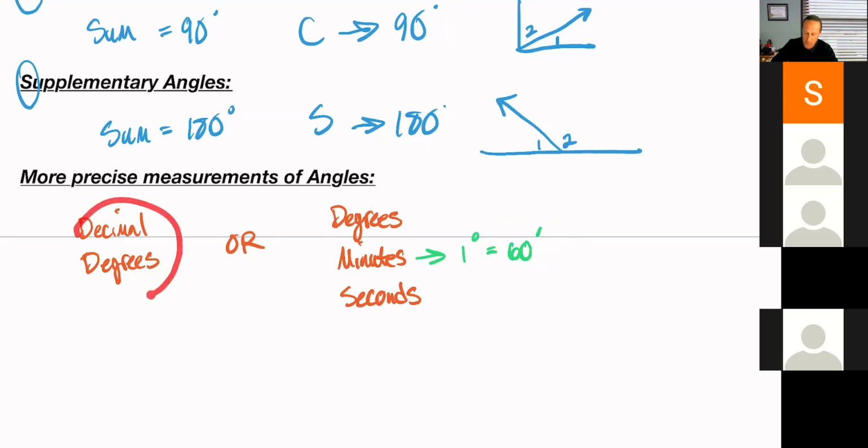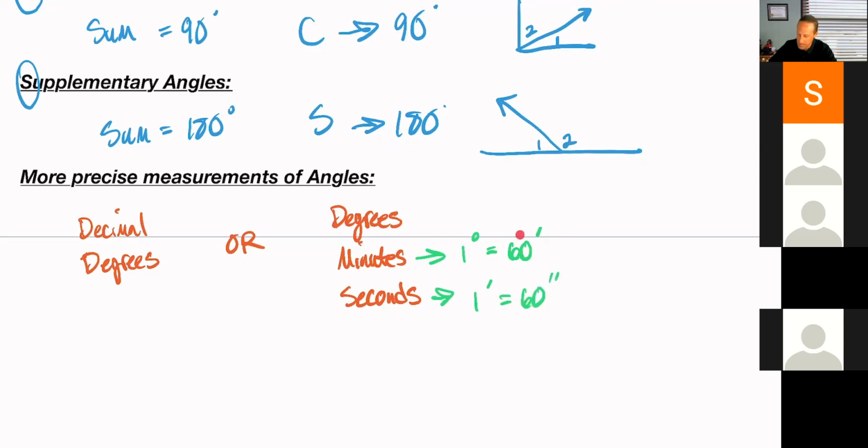So rather than just using our decimals, we're going to use these new symbols and these new quote unquote words called minutes and seconds. So the cool thing is you're already familiar with these, but it's going to take a little bit of time to get used to, because we know that 1 minute is created by how many seconds? 60.